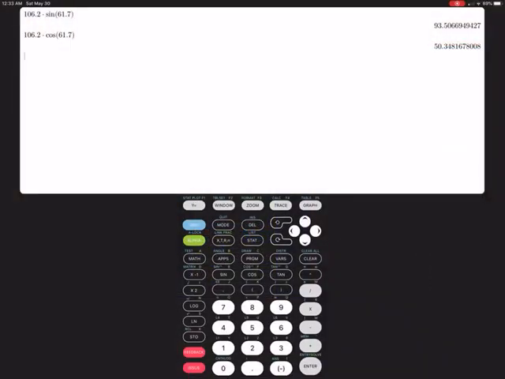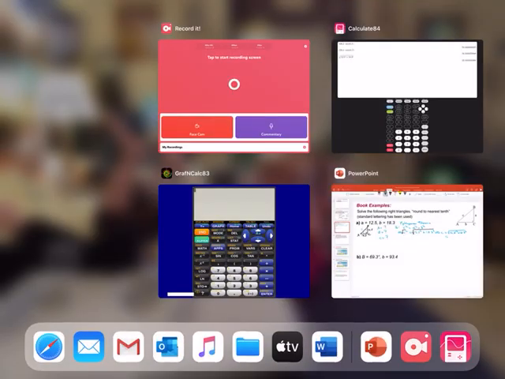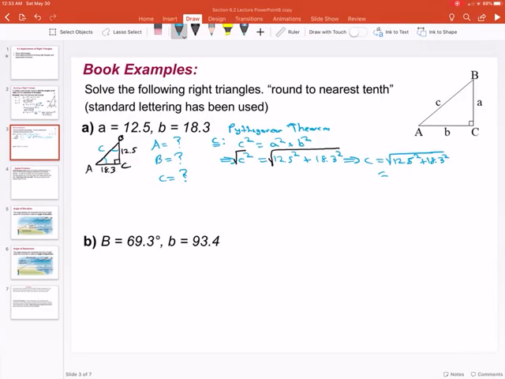So pull up our TI-84. Our second x squared key is your square root symbol. Let's put in 12.5 squared plus 18.3 squared. Typing that in, we get 22.2 rounded to the nearest tenth. So there's one third of our solution, C, 22.2. All right, now let's go ahead and get angle A.